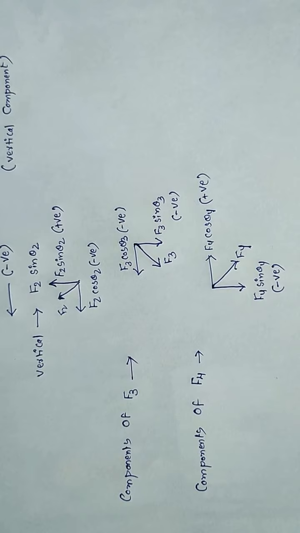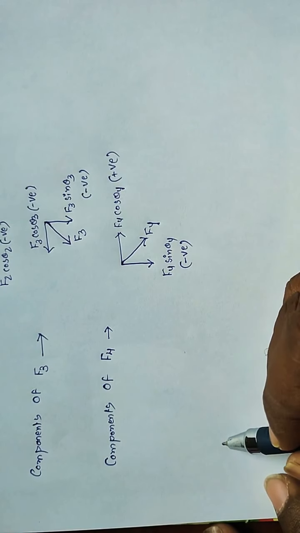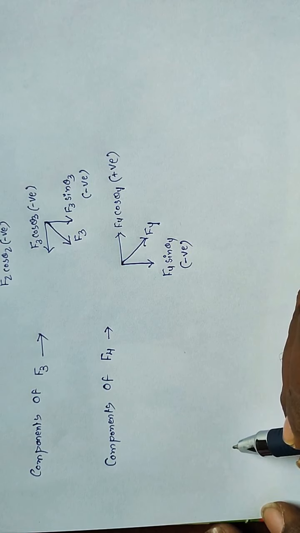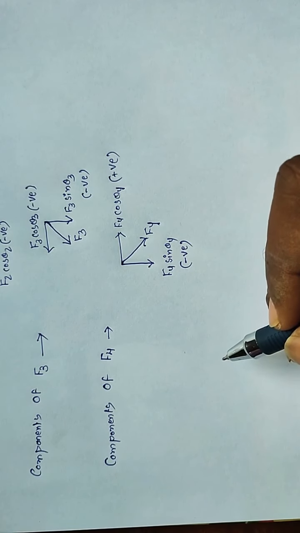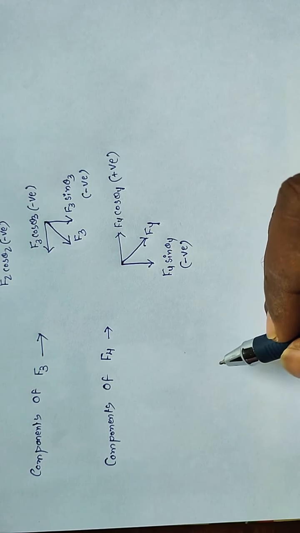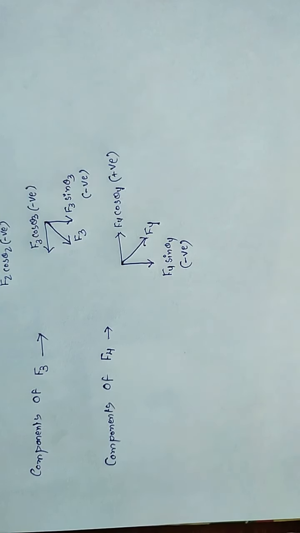Now we are going to write here all the horizontal components and vertical components. According to this method, first we have to split or resolve the force into horizontal and vertical components, and then the algebraic summation of horizontal and vertical components is done separately.